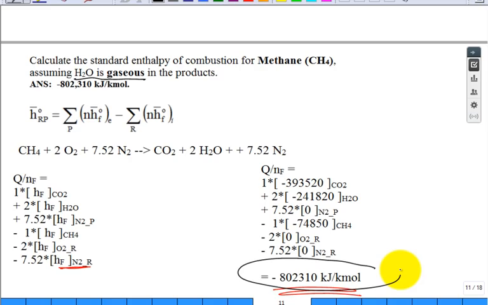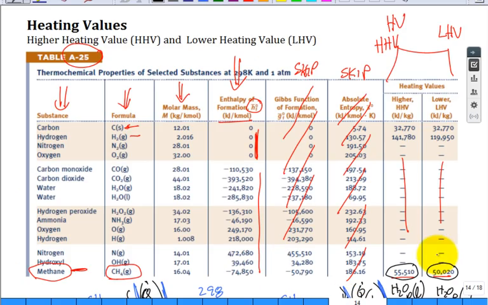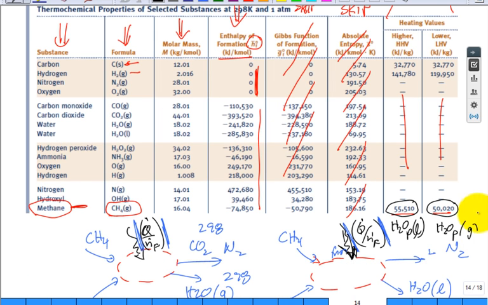No, kilomole of the fuel. You got that number? It's for H2O in the products going out gaseous. There's a relationship between this number, the standard enthalpy of combustion, and one of these numbers, the lower or the higher heating value, because the water is going out in a gaseous form. There's a relationship between the number you just wrote down and this lower heating value, 50,020. But what are the units on this heating value?